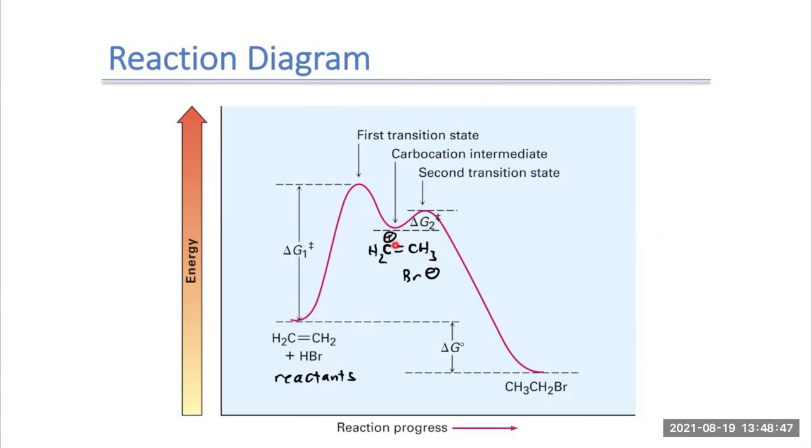So remember, that's where we have our trivalent carbon. That's our carbocation, is our intermediate here. Then we have our transition state going to our product. The two transition states here, that's when the bond is being formed and broken. So that's when we have our partial bonds.